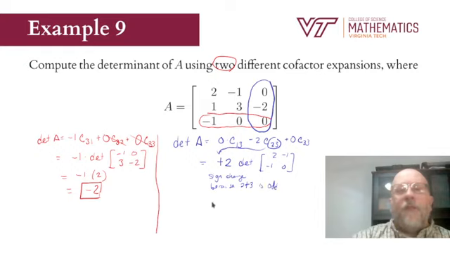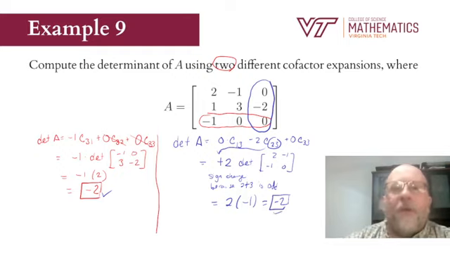And that leaves us with 2 times 0 minus 1 is negative 1, and 2 times negative 1 is negative 2, and we get the same answer regardless of which geometric direction we are approaching the transformation from.